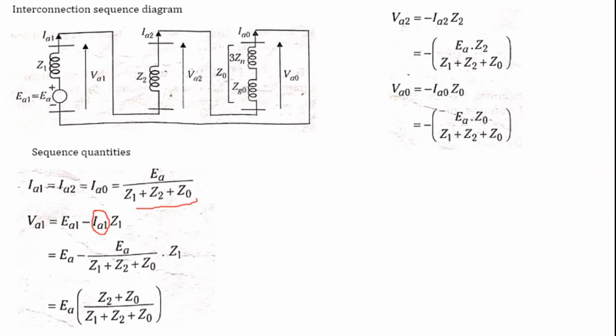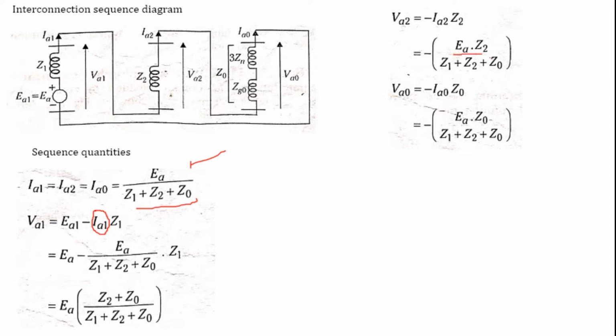Similarly we are going to calculate the value of VA2. VA2 is nothing but minus IA2 Z2. So substitute that. What is the value of IA2? IA2 is nothing but this equation, EA divided by Z1 plus Z2 plus Z0, multiplied by Z2.